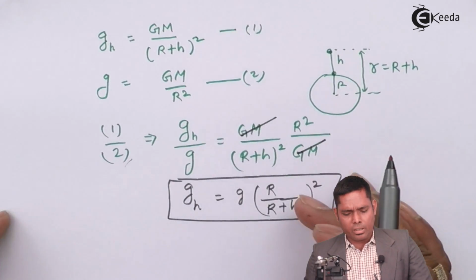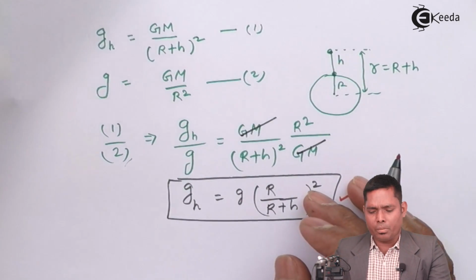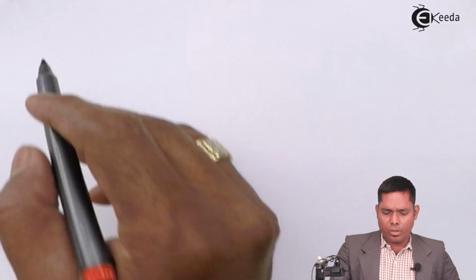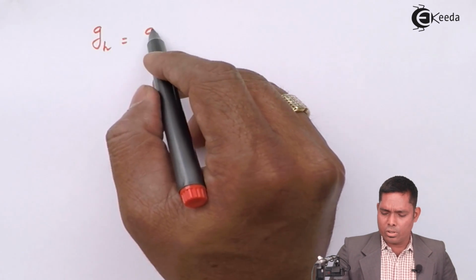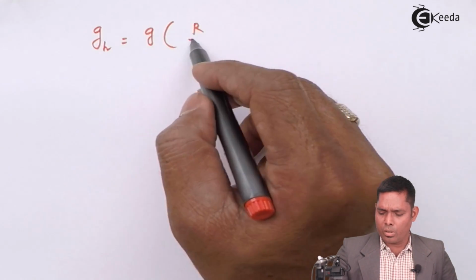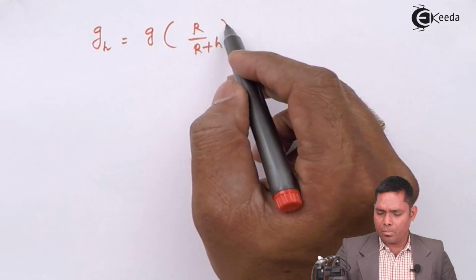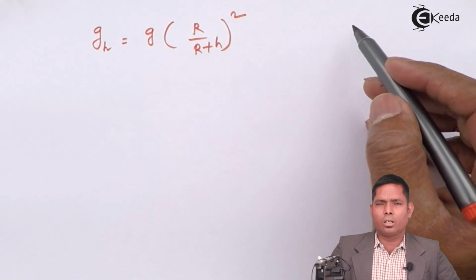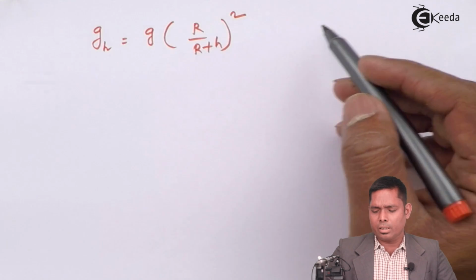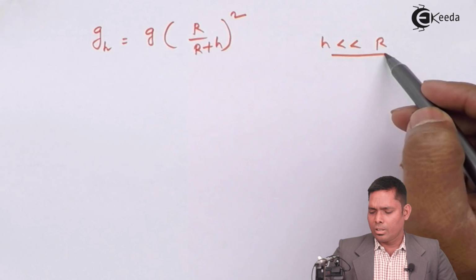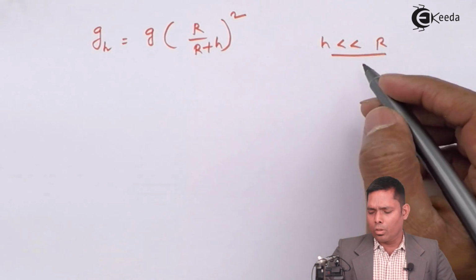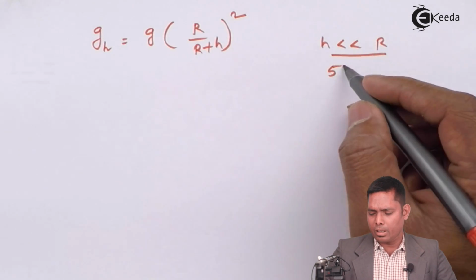We can have also another formula of approximation I can use for that. Mostly it is also used in some certain entrance exams. This g into (r over r plus h) squared can be approximated when the height is very less compared to radius, so around up to 400 or 500 kilometer.